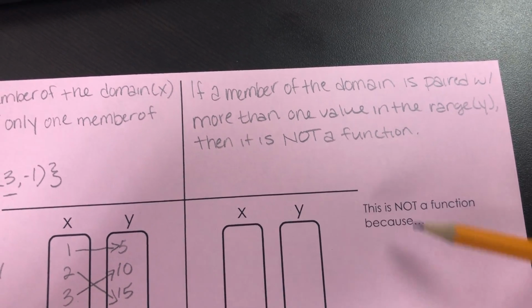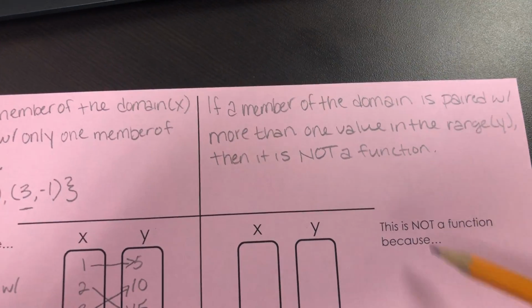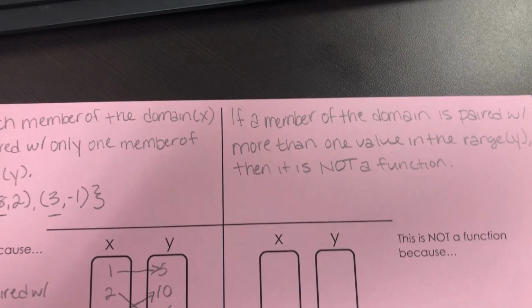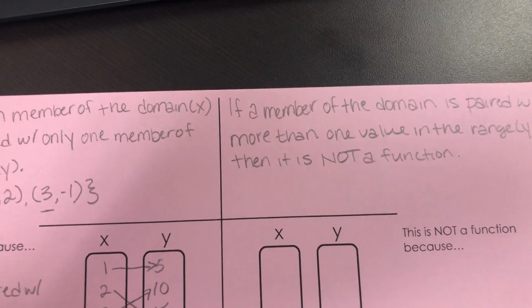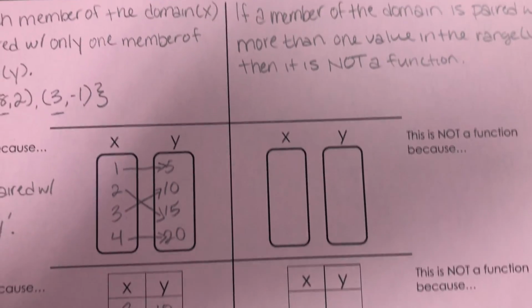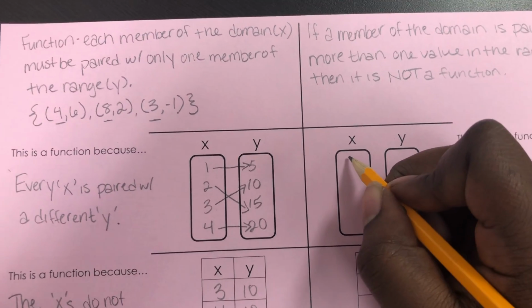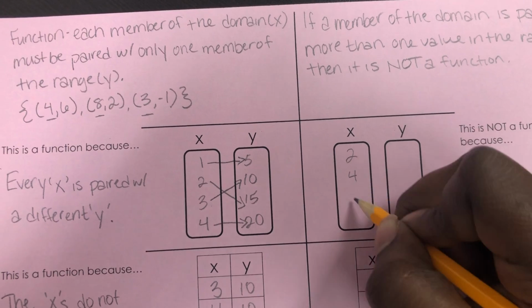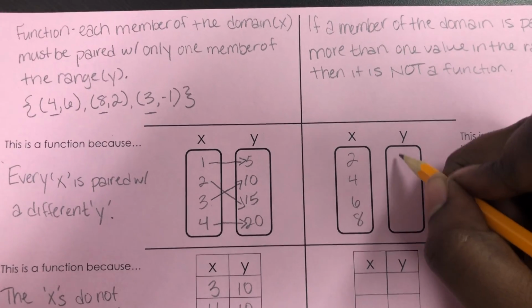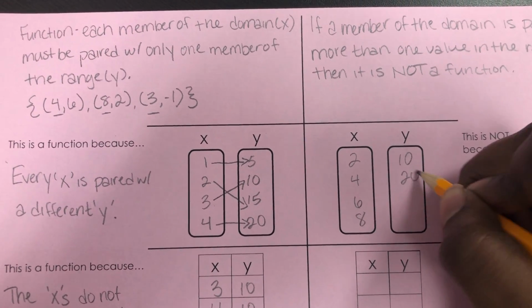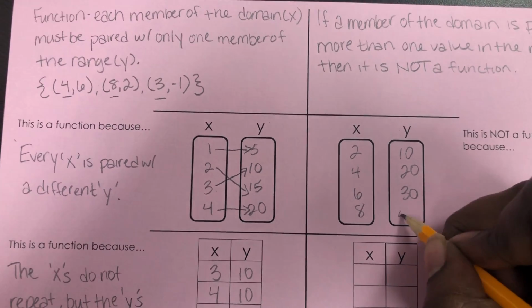Okay, so then we're going to go into our definitions of what are some possible examples of something not being a function. So right here with what's called the mapping, let's say we've got 2, 4, 6, and 8, and then we've got 10, 20, 30, 40.